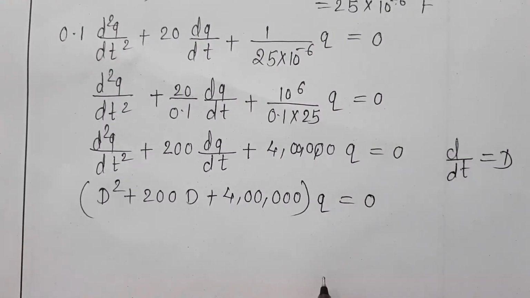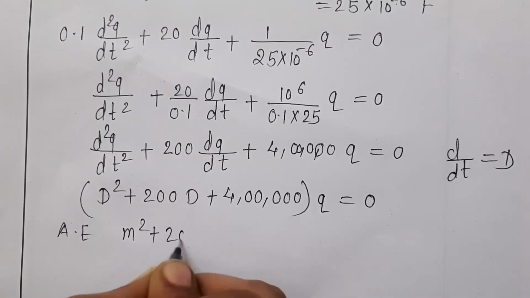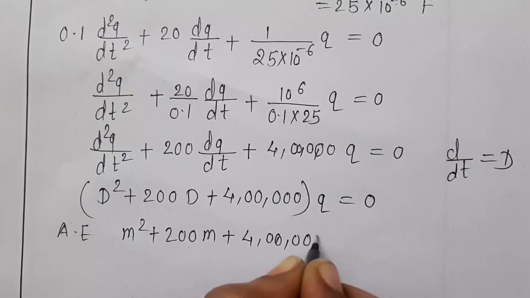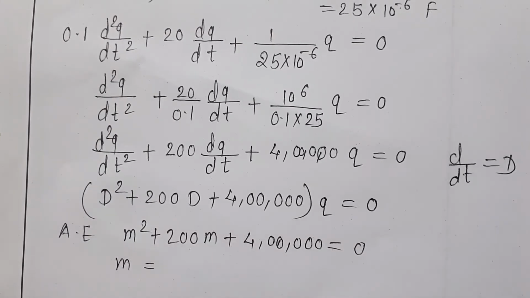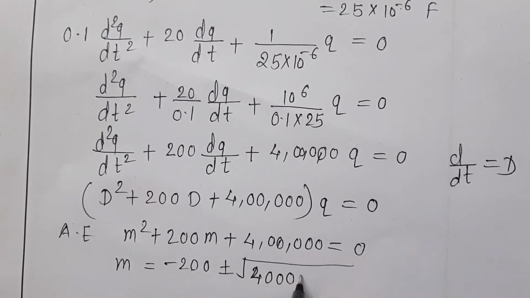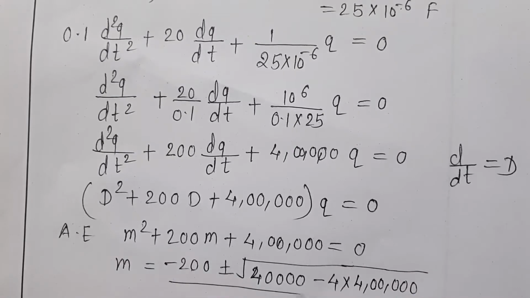Now find out its CF. The auxiliary equation is m square plus 200m plus 4 lakh is equal to 0. So m is equal to minus b plus minus square root of b square, that is 40000, minus 4ac, so it is 4 lakh, divided by 2a.